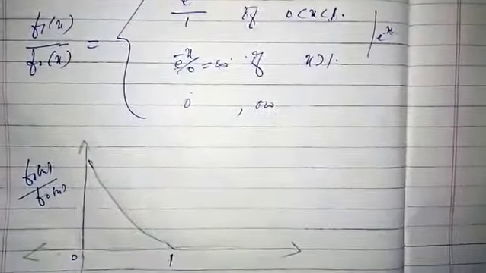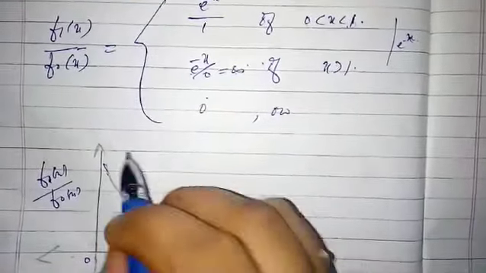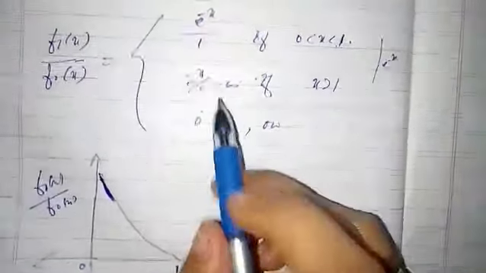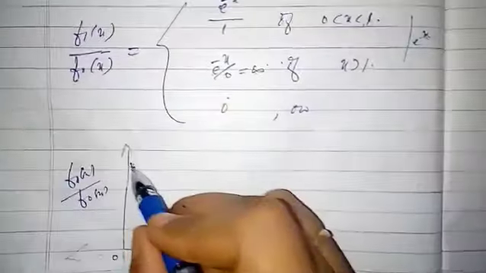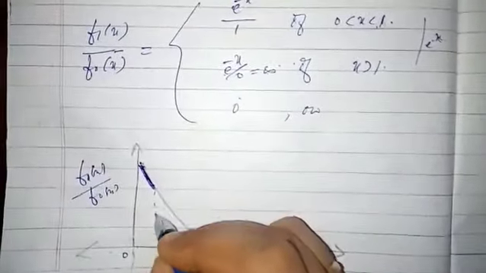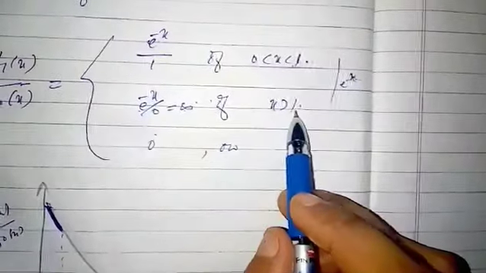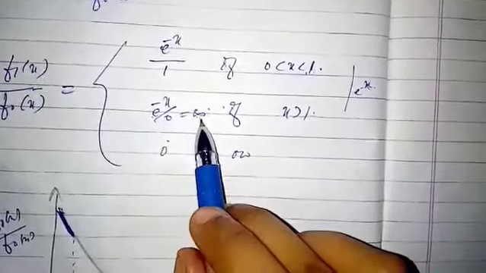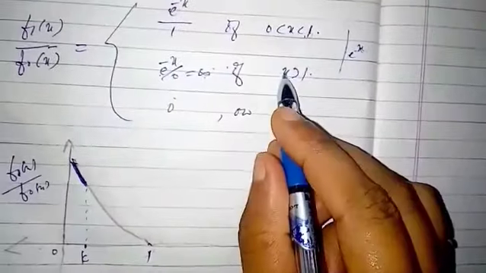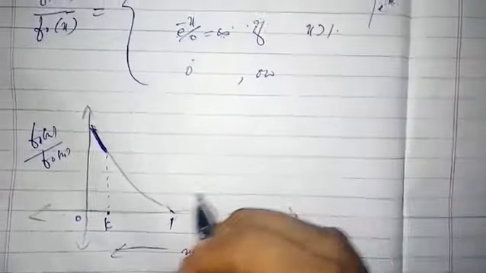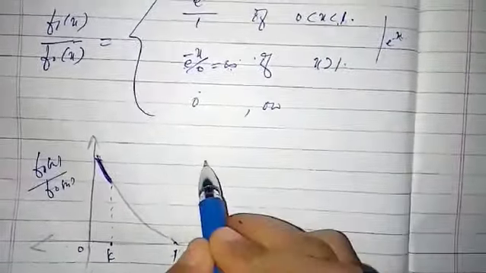We reject h0 for the large ratio. According to e power minus x, the larger ratio is at smaller x, and we can take some k value. After x is greater than 1, the ratio takes the value infinite.